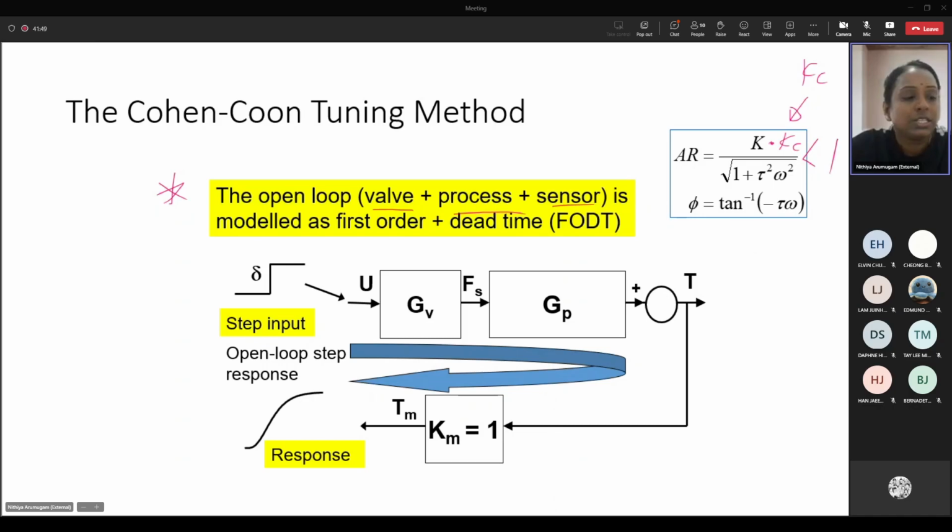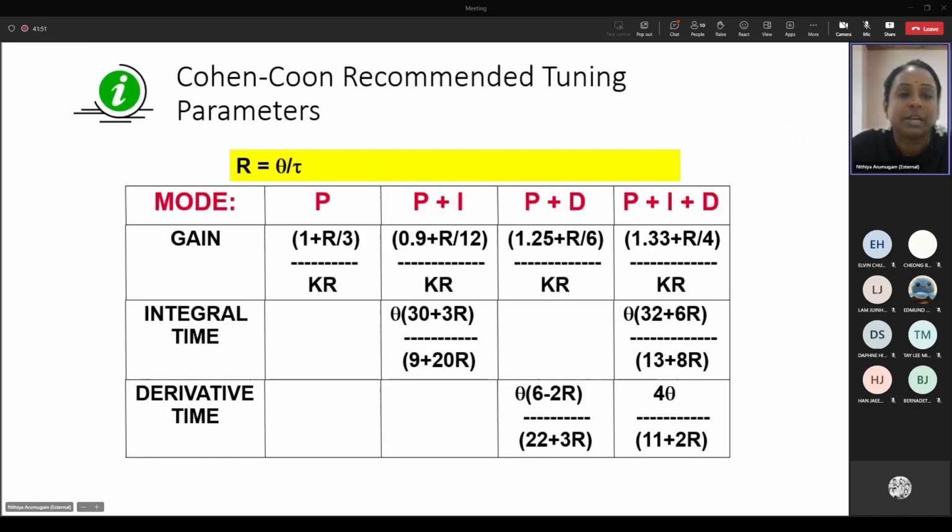The basic rules for tuning the parameters for the Ziegler-Nichols method will be different from those for Cohen-Coon. If you notice, the gain is expressed differently, and R can be calculated by dividing the dead time by the time constant tau.